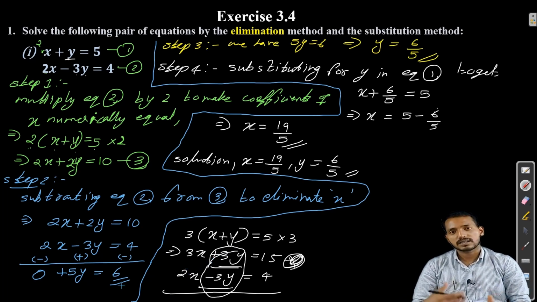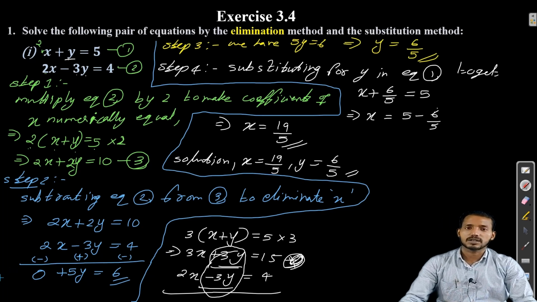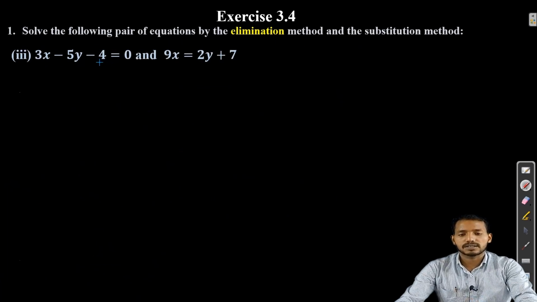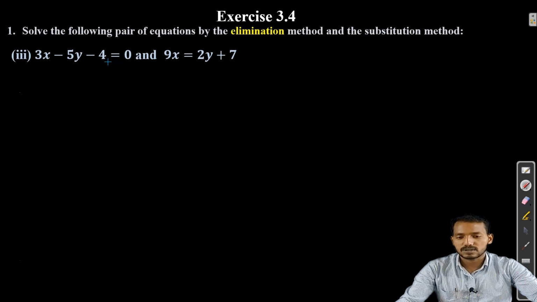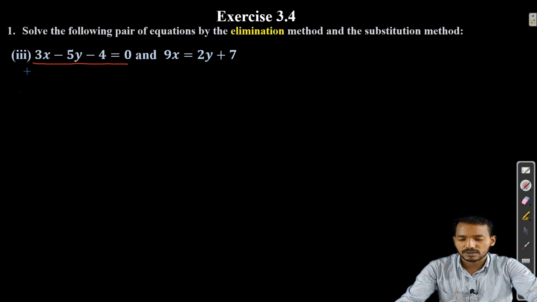Let's discuss some more options from the same question so that you will get a clear idea about the elimination method. These two equations are not given in the form for solving by the elimination method, so we need to modify them. This is the first equation: 3x minus 5y, this minus 4 taken to the right side will be plus 4.